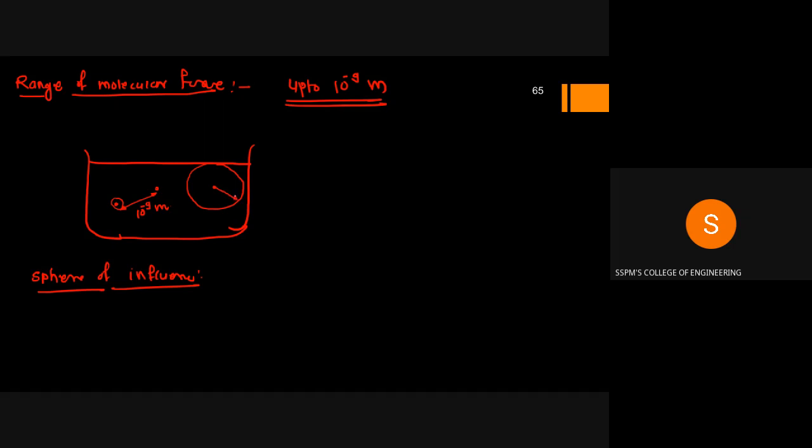This is the radius, and this radius is equal to up to 10 to the power minus 9 meter. So this molecule can attract any other molecule which lies within this sphere. This is called the sphere of influence.